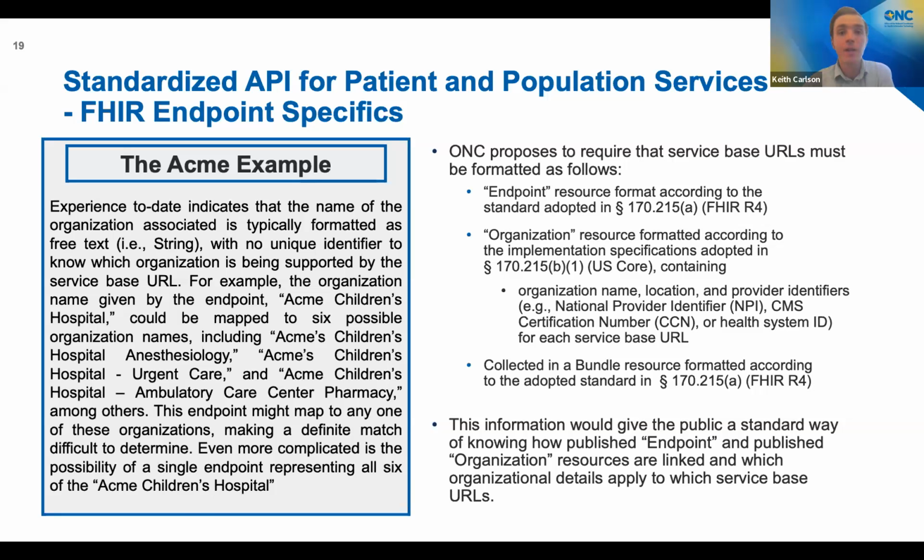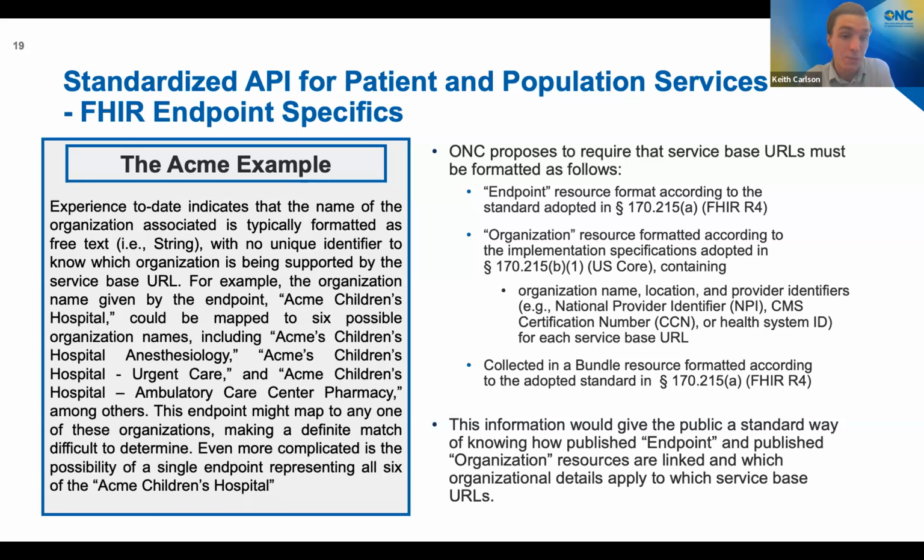A developer creating a patient-facing app will presumably want to enable an experience for a patient to type in identifiers like a name that a patient knows or some kind of location, because a patient coming to an app is going to know, I visited this physical organization at this location in the United States. And you obviously can't infer all that information from just a service-based URL.